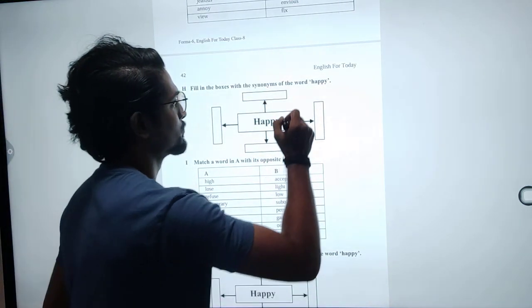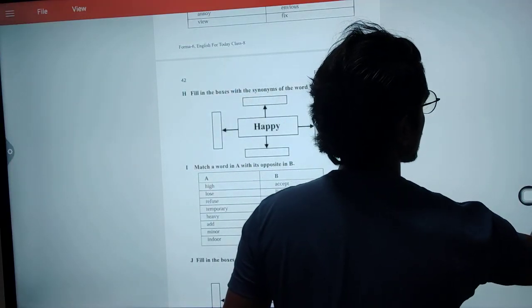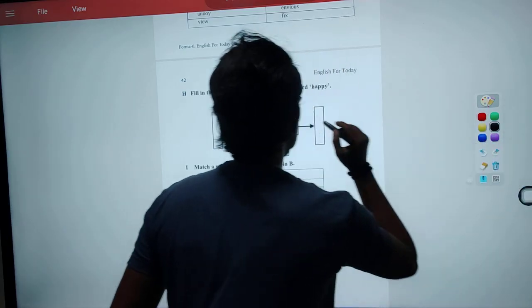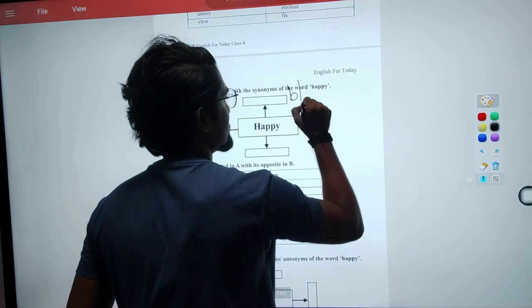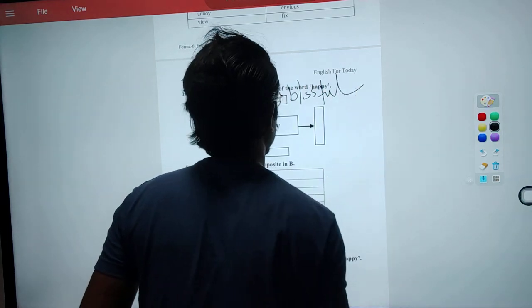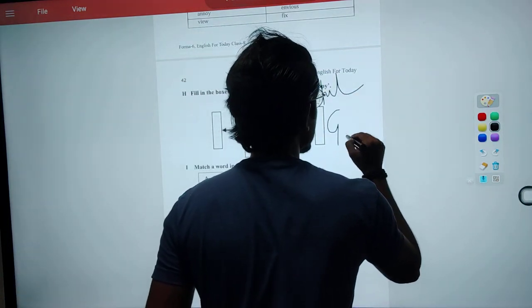The first one you can write is blissful. The next one you can write gleeful.